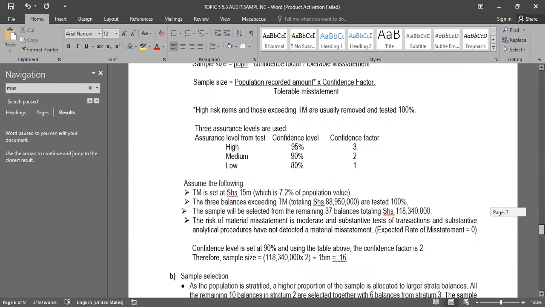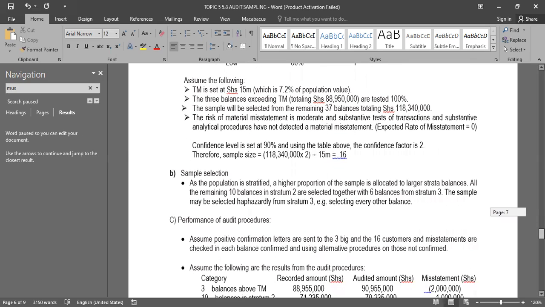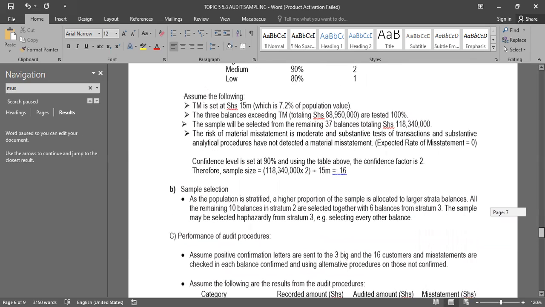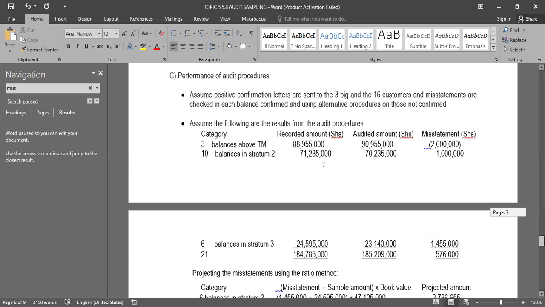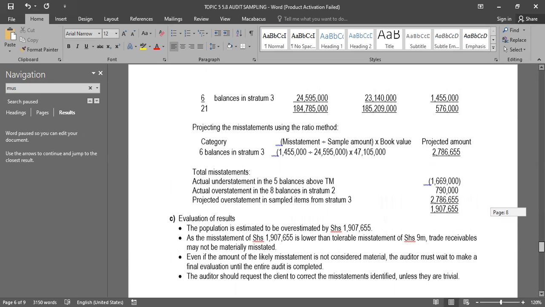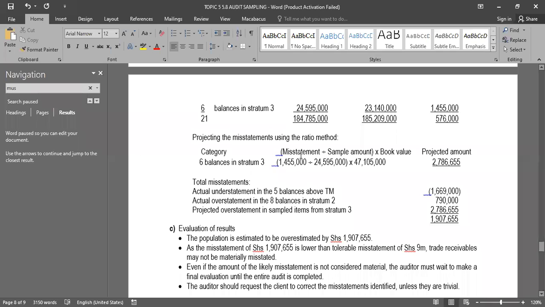So that's what they did here. You get where is it? Okay. So you get the misstatement of the 6 divided by the total or the first value of the 6, and you multiply it by the 47, meaning the population regarding the entire 27.